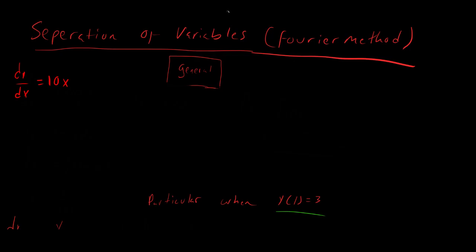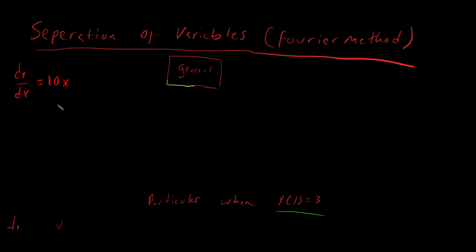This stuff is generally not that terrible. It's otherwise known as the Fourier method, however you pronounce that. It's used to solve differential equations where there's two things, like an x and a y, being multiplied or divided.